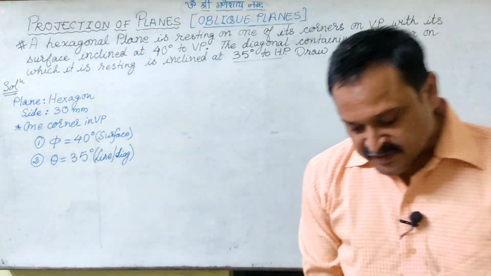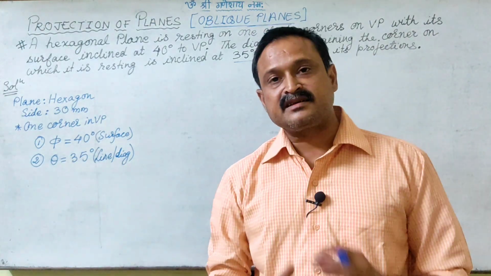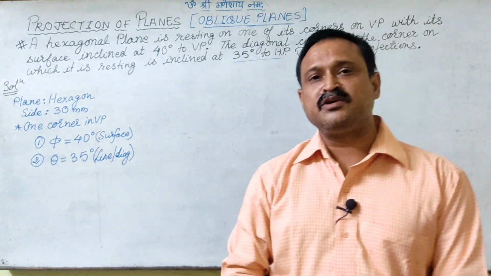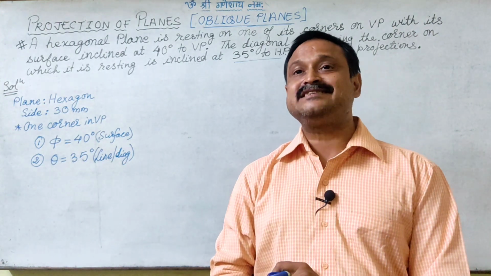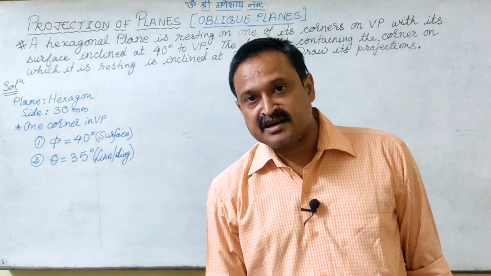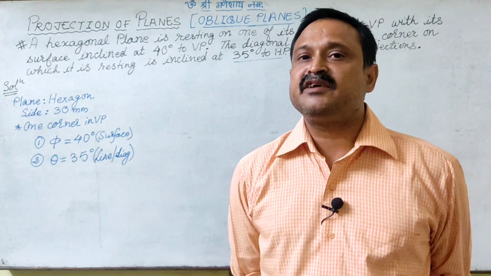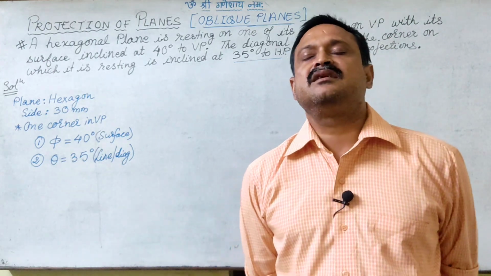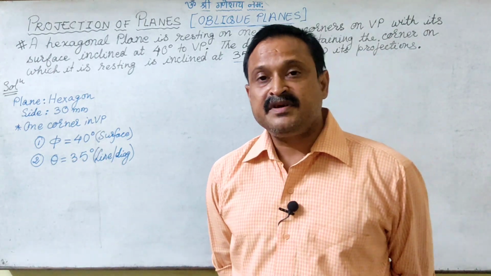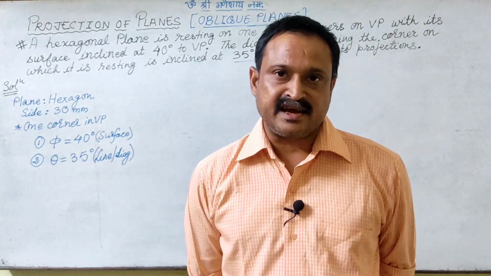Now, in the earlier problem where the polygon was resting on one of its edges, we kept that edge under consideration perpendicular to the other plane. That means wherever we drew this edge, we kept it perpendicular to the XY line.